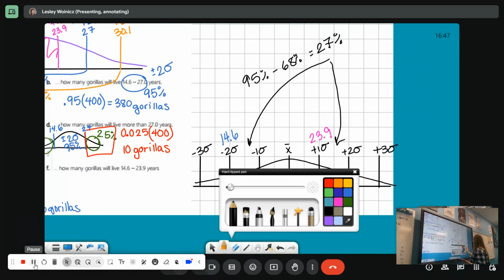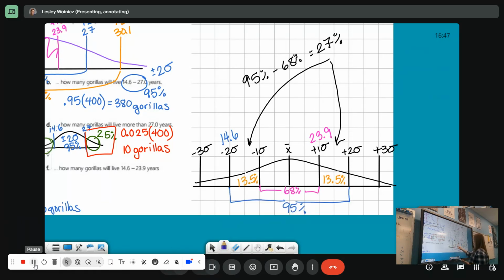So from the 14.6 to the 23.9, I can either do 95 minus 13.5, or I can do 68 plus 13.5%. You should get the same thing either way.